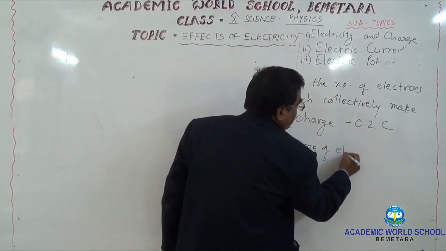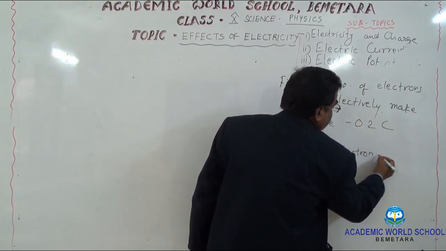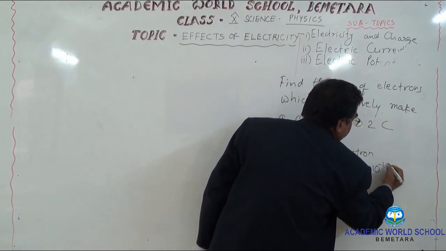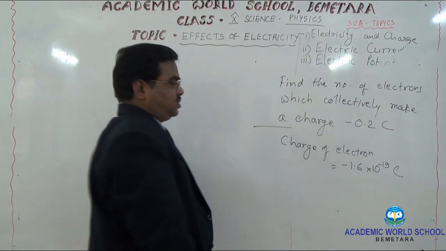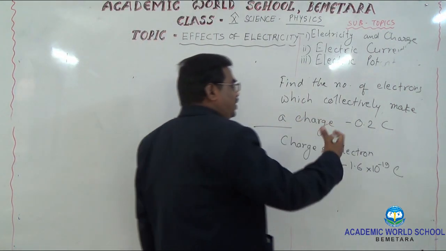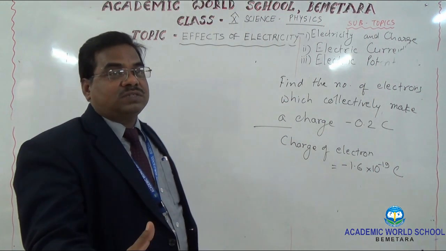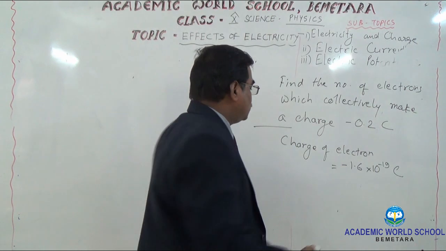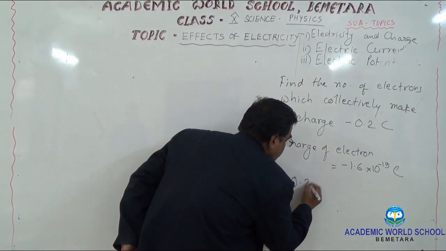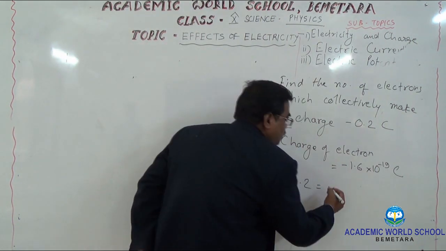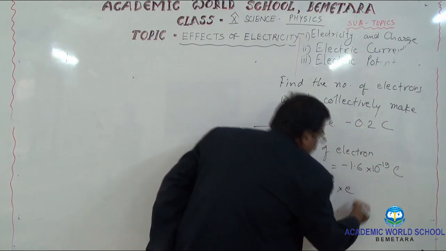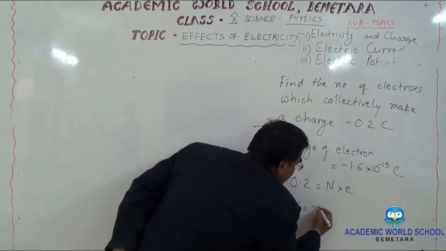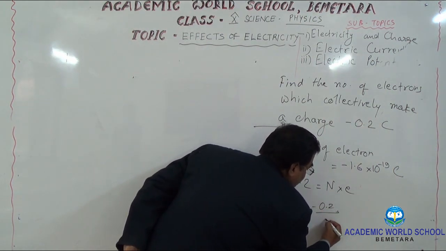The charge of an electron, as I told you, is minus 1.6 into 10 to the power minus 19 coulombs. If there are n electrons which together make it equal to minus 0.2, then minus 0.2 is equal to n into e. Therefore, n is equal to minus 0.2 divided by e.